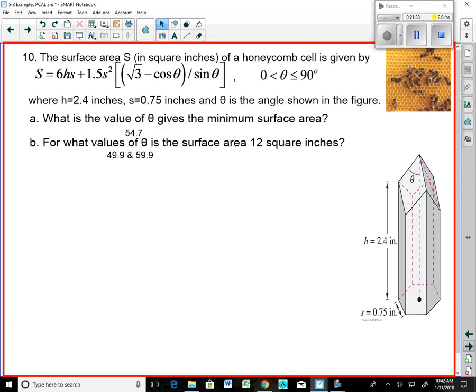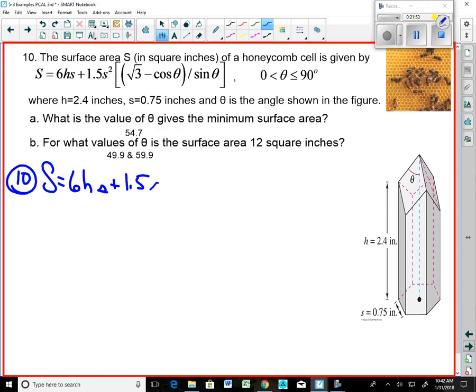The rule, or model, for the surface area S in square inches of a honeycomb cell is given by this. And I will write it because I am going to have to use it. S equals 6hs, with the s in cursive, plus 1.5 s squared, times the quantity square root of 3 minus cosine theta.